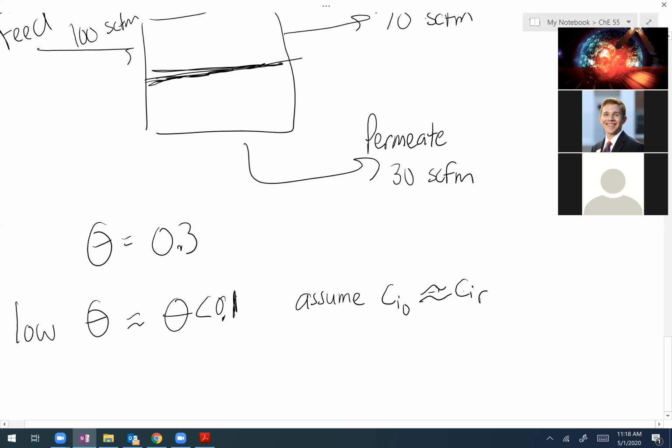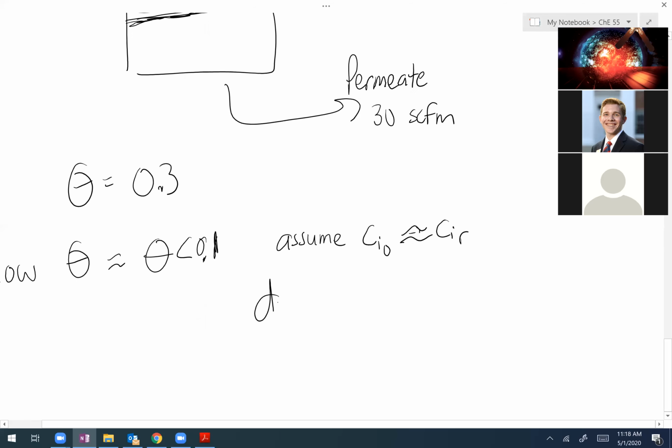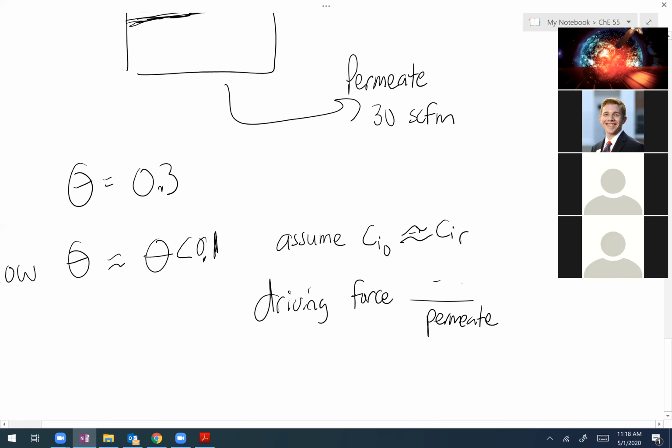And so the overall driving force can be, I'll write it down, our feed over our permeate, or probably a little more accurate, the retentate. Right, and so this gives us that CSTR assumption.